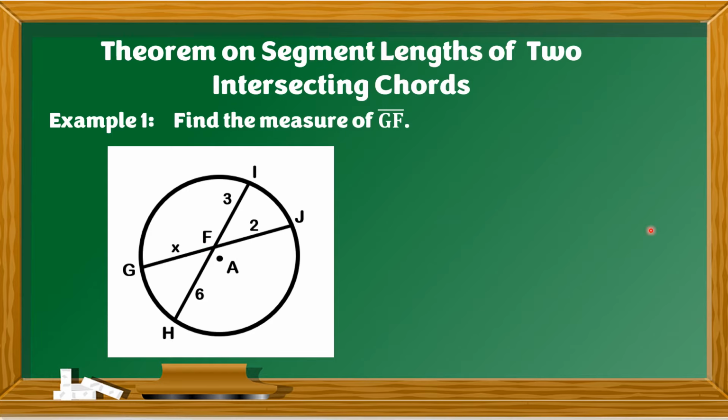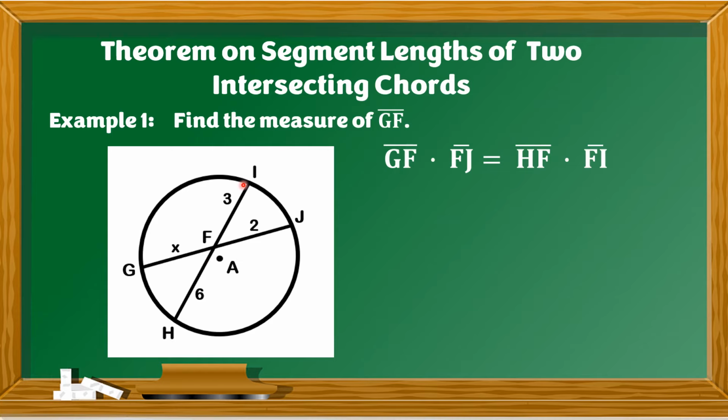So the first step is we're going to write the equation that will represent the given illustration. So we have here line segment GF times line segment FJ is equal to line segment HF times line segment FI.